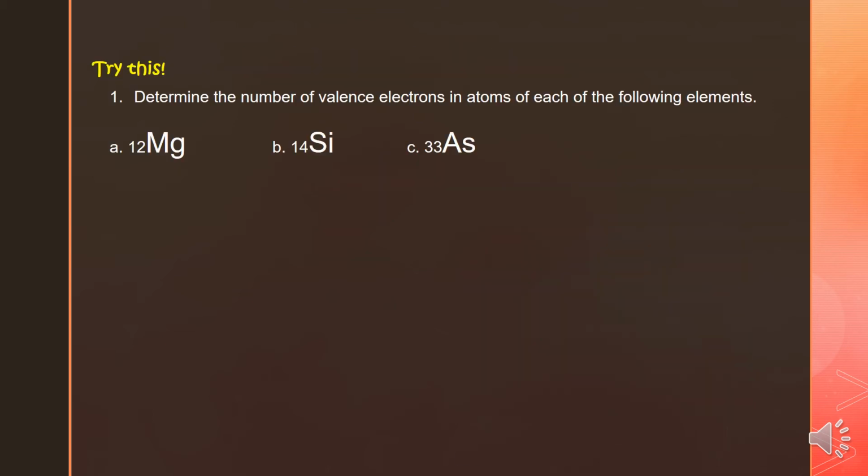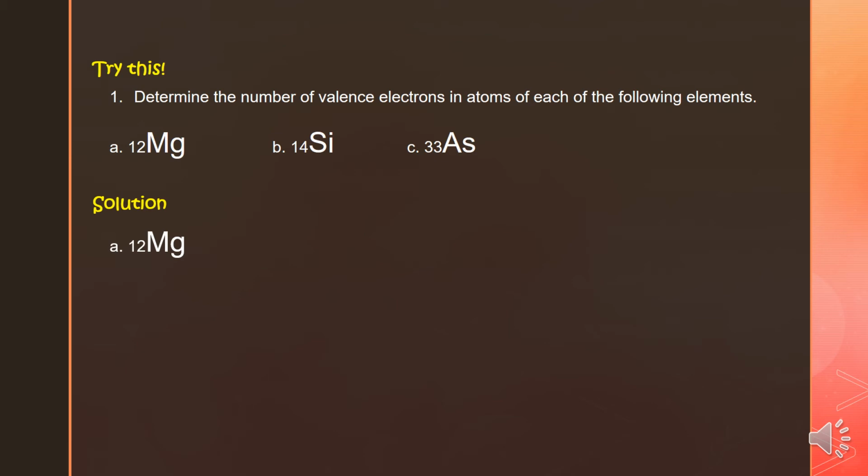Okay, so let's try this one. Let's determine the number of valence electrons in atoms of each of the following elements: magnesium, silicon, and arsenic. Let's try magnesium first. The 12 here represents the atomic number, because it is the subscript.